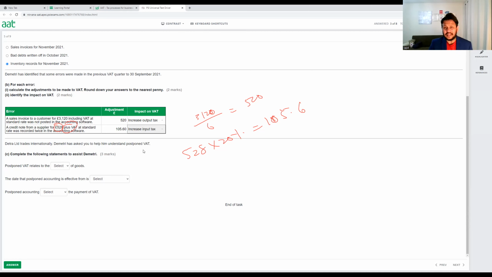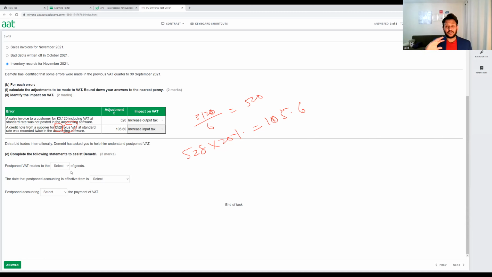So HMRC is thinking it makes no sense that I'm holding the goods and the person pays the money from his pocket to release it, and after that he claims it back. So maybe it will have an impact on the cash flow. Maybe that person doesn't have money to release the goods. So that's why we can release the goods without paying the VAT. It's called postponed VAT.